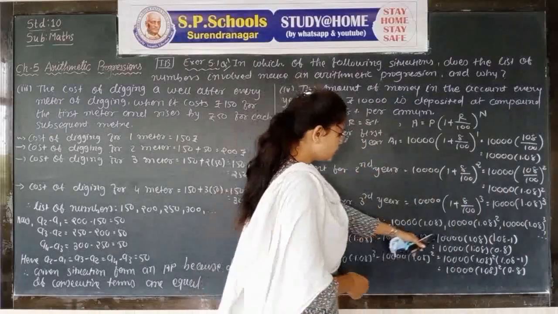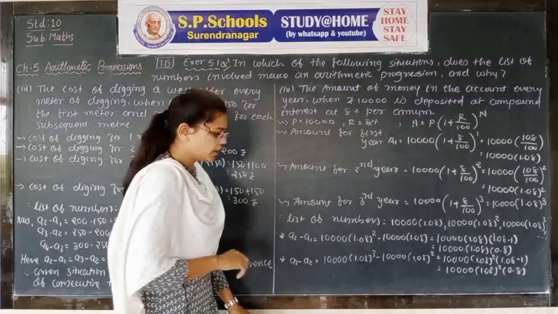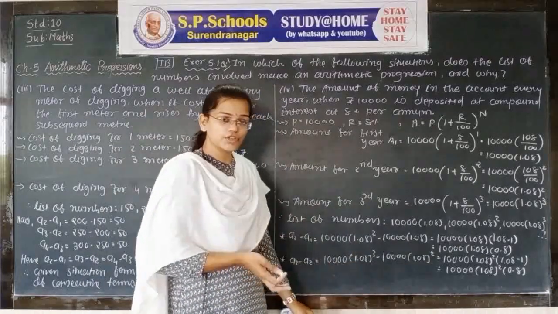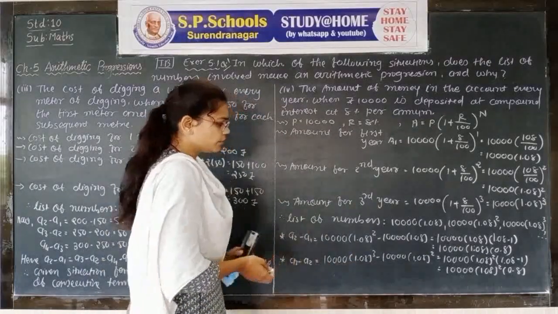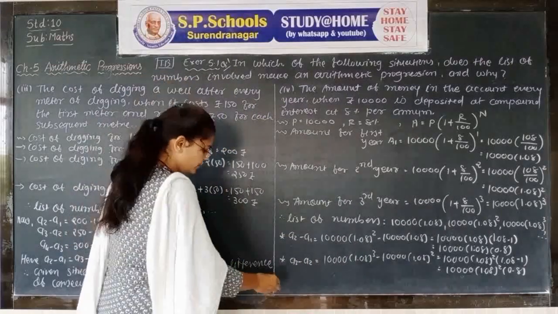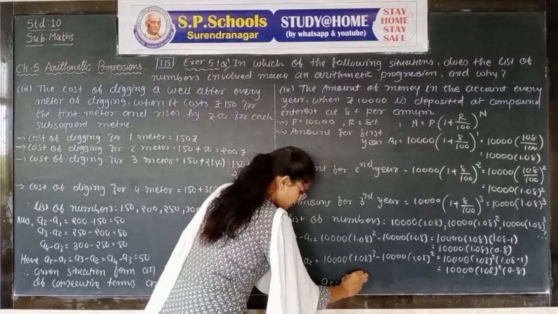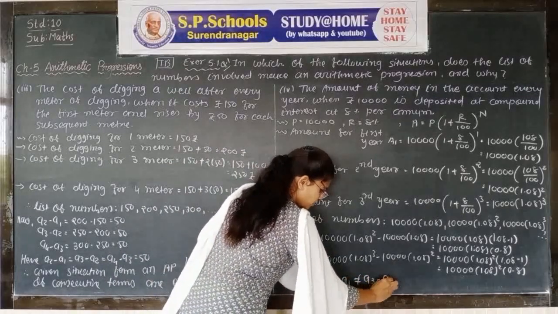Here see, the differences of two consecutive terms are not equal. The second difference, A3 minus A2, is 1.08 times the first difference. Then we write here A2 minus A1 does not equal A3 minus A2.